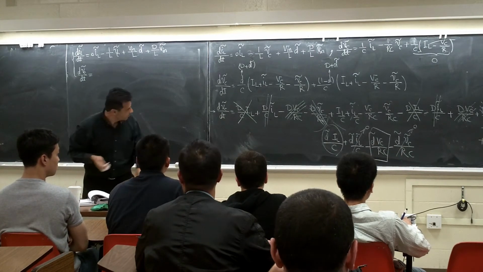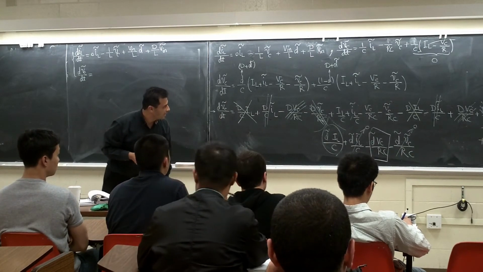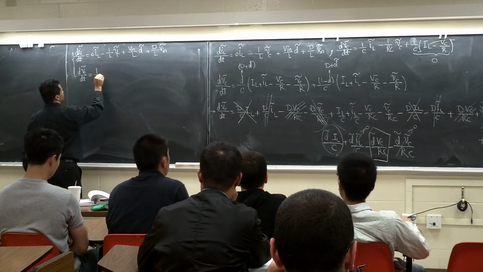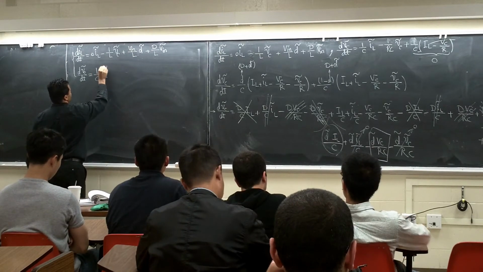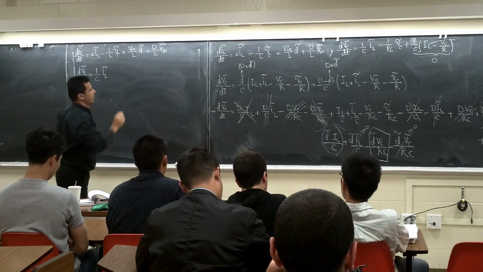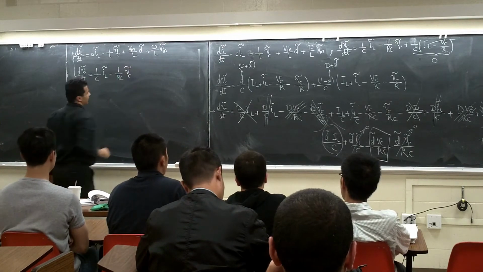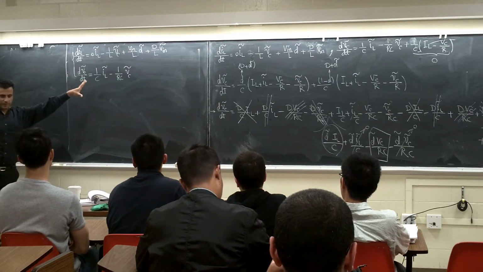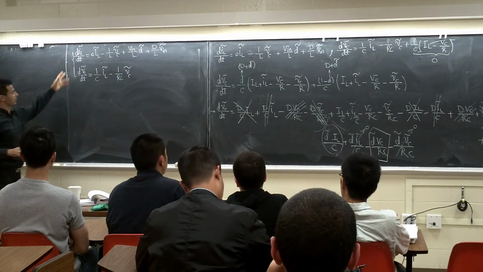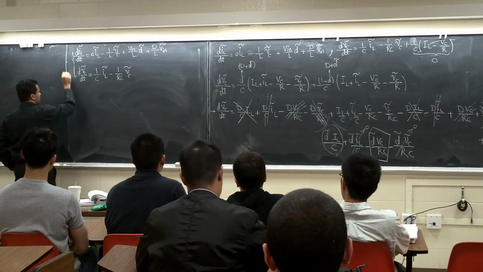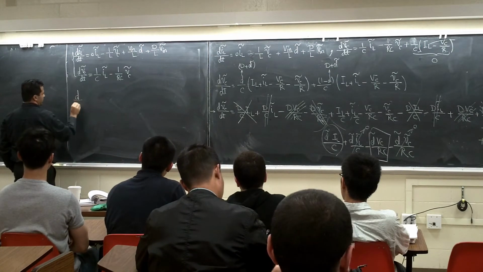Yes, that's right. 1 over C I tilde minus 1 over RC. I'm not going to put it in the state space form. We can put it that way if you want. Let's put it there. It's going to be d over dt.